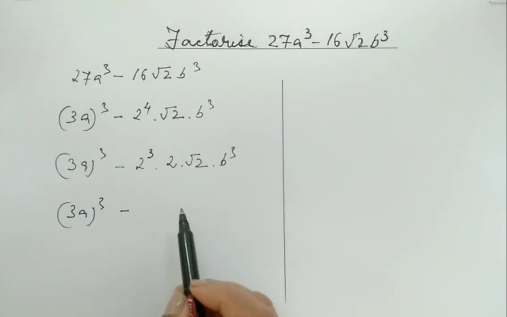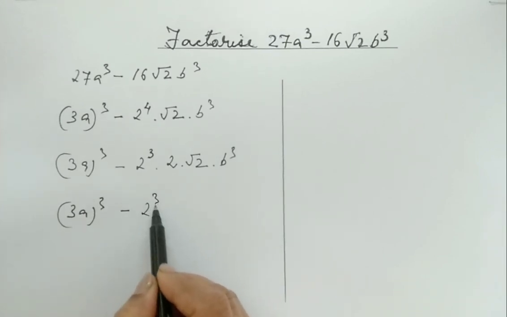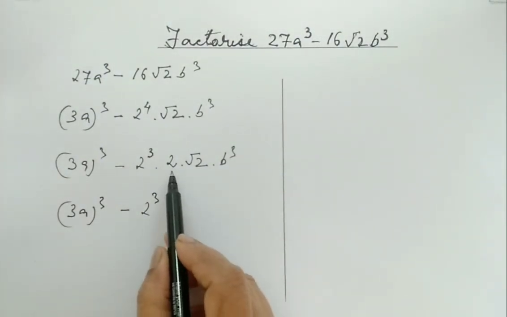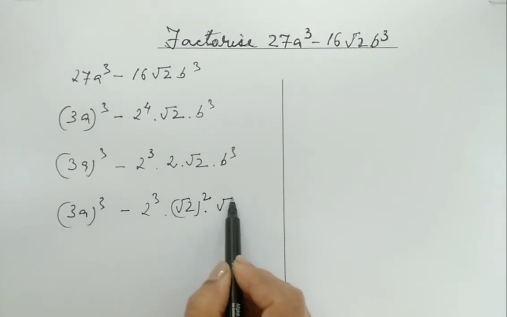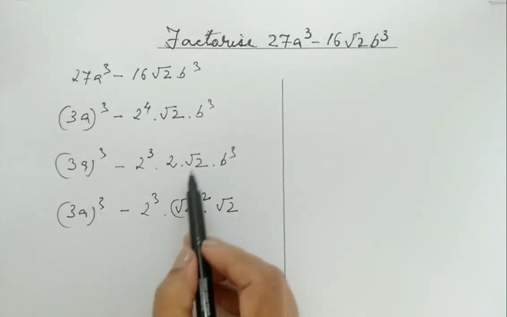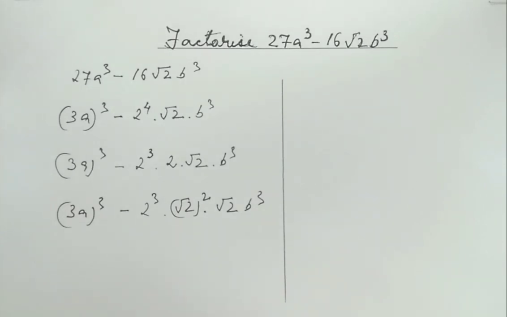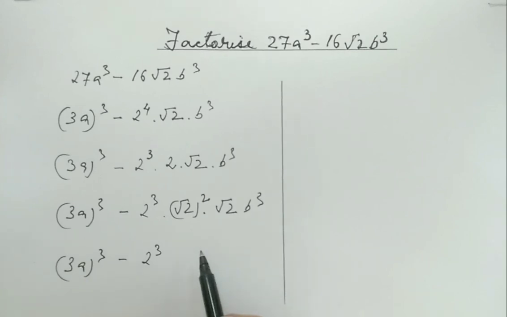Hence, what I do is some tweak, and that is 2 to the power 3, and to this, can I not write root 2 whole square, and root 2 this one and b cube. Got it? Now I think you may have understood what I am trying to reach at.